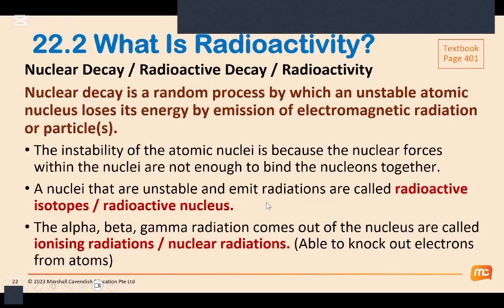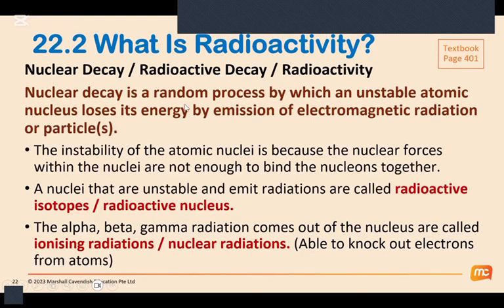The first part: whenever we say that a radioactive nucleus is undergoing decay, the decay is a random process and a spontaneous process. So for the entire definition of nuclear decay or radioactivity, these three terms have the same meaning.